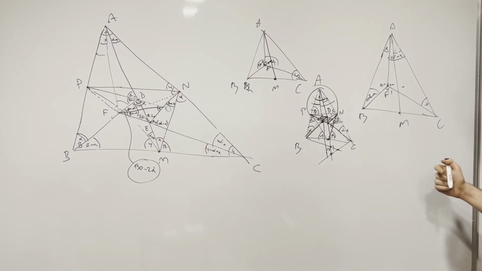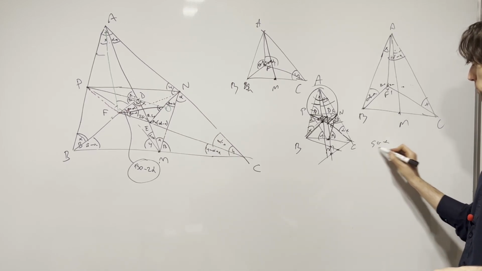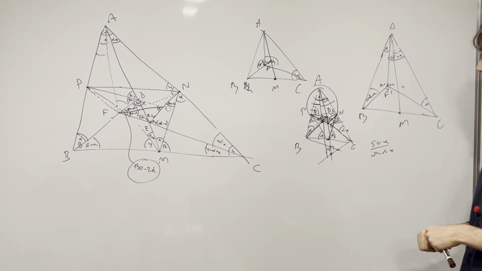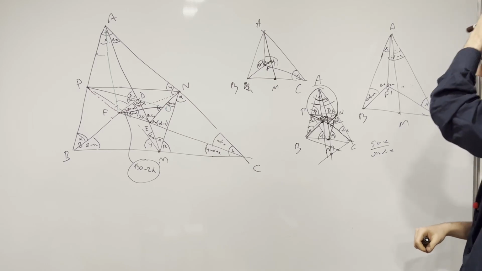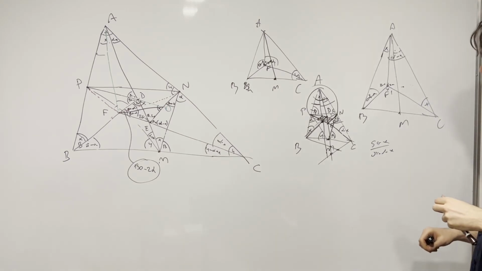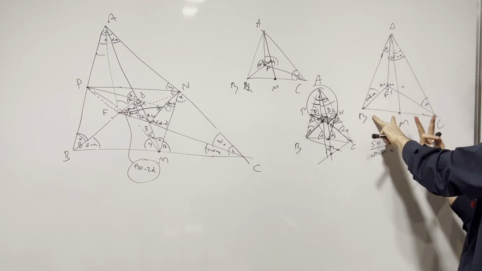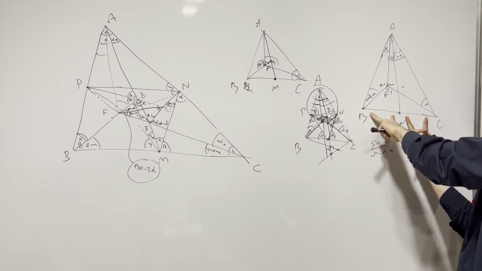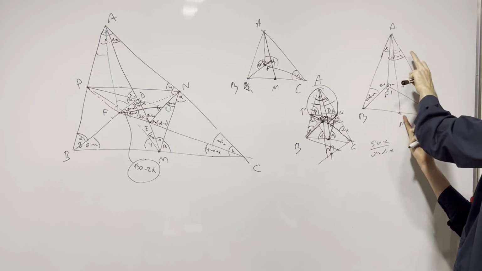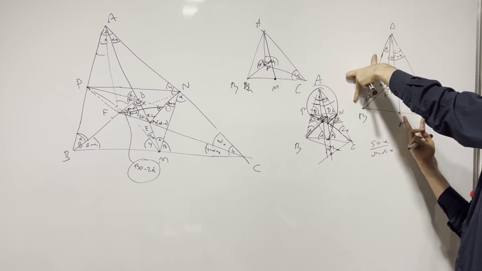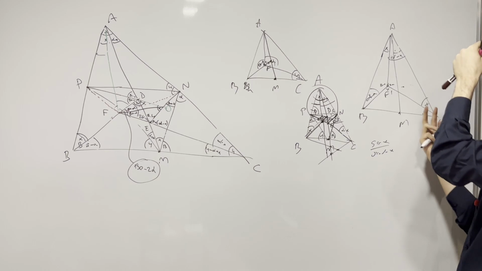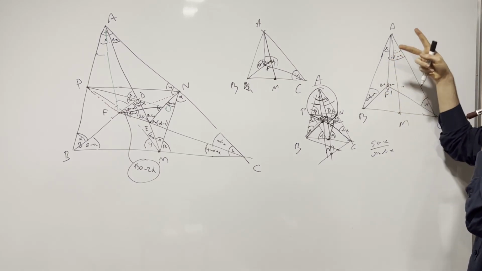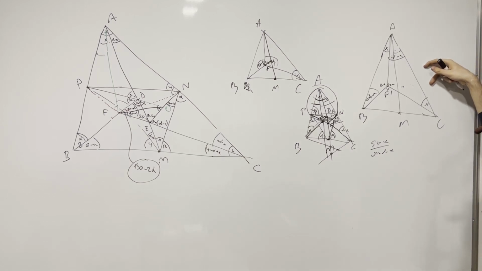It's just using trigonometry to get that sine of x over sine of alpha minus x is equal to... Because here in this triangle, we'd have MC over BM, and we'd have times this over this. So sine of x over sine of alpha minus x would be equal to AB over AC.